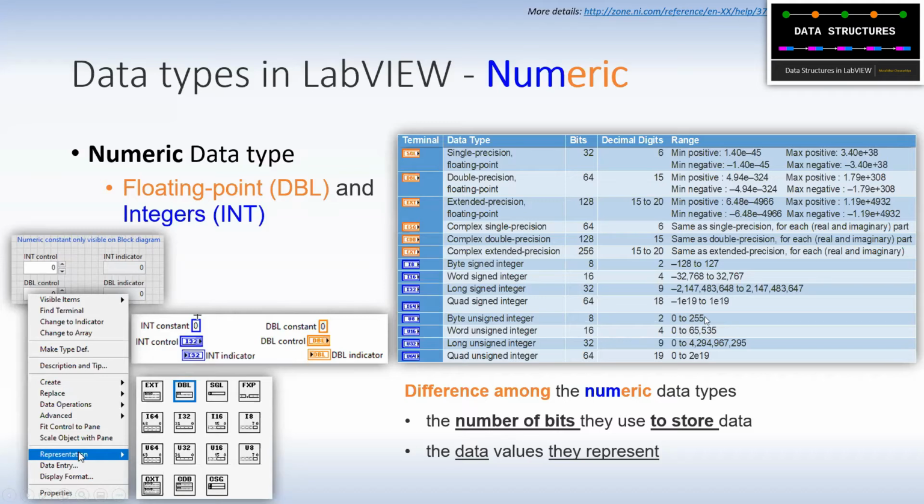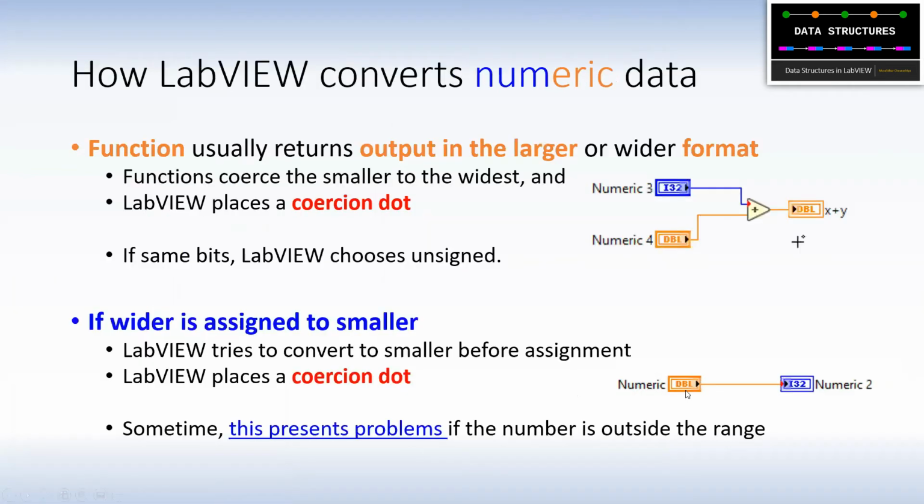After 255, it counts to 0 again. So 256 will be 0. It rolls over: if there is a smaller range, after its full range it goes back to 0 and starts counting 1, 2, 3, 4, 5, 6 again. If the assigning number and assigned number are the same, there will be no problem.